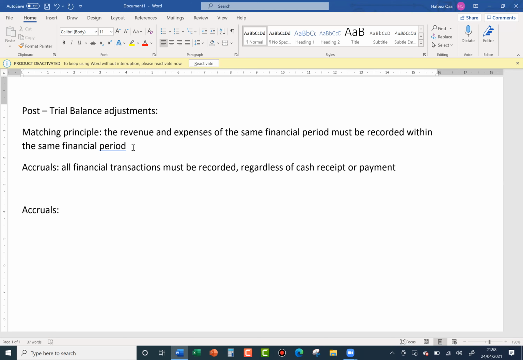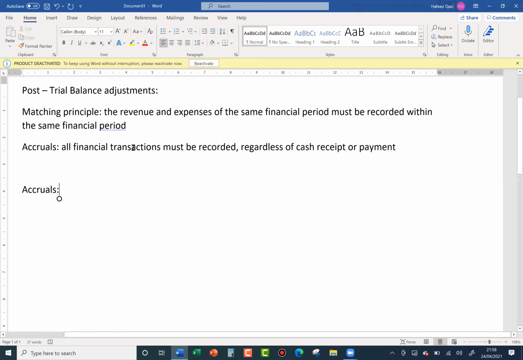Okay, and sometimes accounting students get confused about how accruals should be dealt with in the financial statements. So first of all, you need to understand what accruals are. Accruals simply are those expenses. Some people call them accrued expenses.